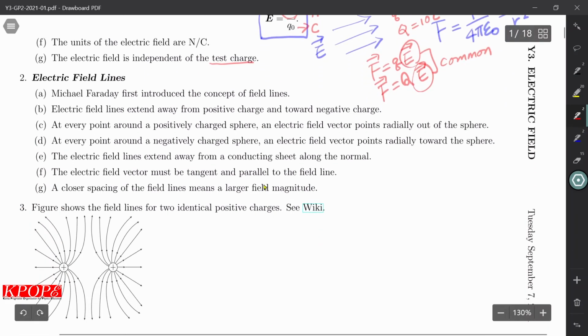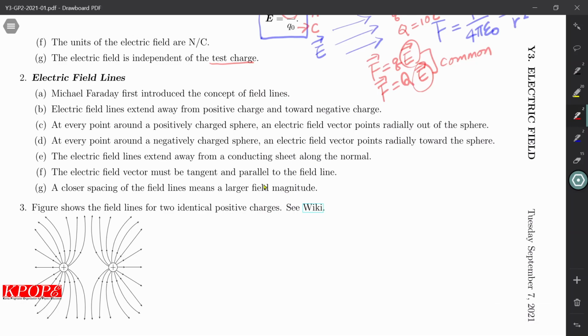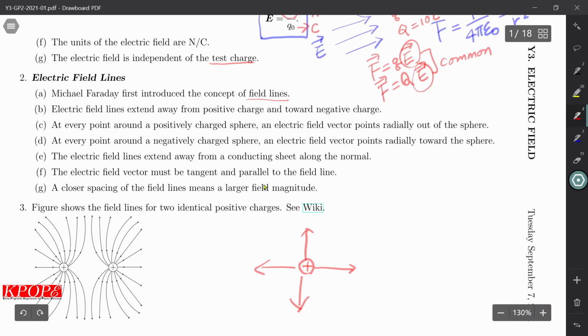So we call this small q or capital Q, test charge. Electric field lines. Michael Faraday first introduced the concept of field lines. If there is a positive charge, electric field line goes out like that. If there is a negative charge, electric field line enters.